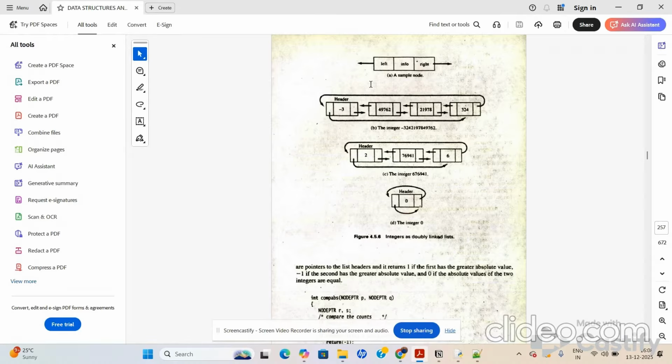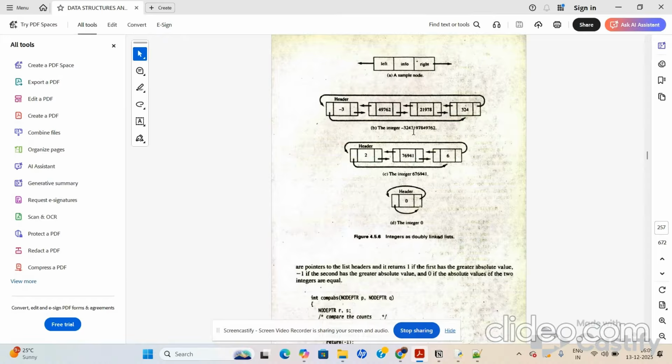The first diagram explains how each node consists of the left pointer, the info field and the right pointer, and how the integer -324 2197849762 is stored. You start storing it from the least significant 5 digits, 49762 in one node, then 21978 in another, and the remaining 3 digits 324 in the last node.